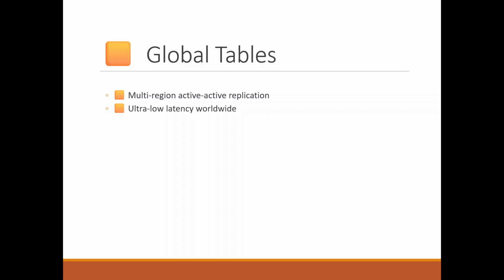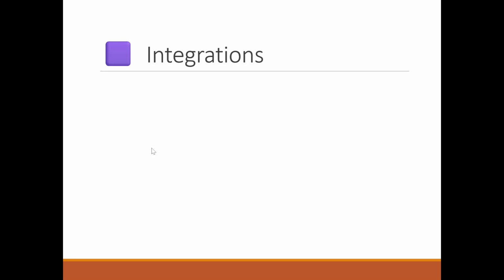We can use global tables for gaming, e-commerce, banking, and IoT apps. Next, we have integrations. We can integrate with Lambda, Kinesis, S3, Glue, and with CloudWatch, CloudTrail, and analytics.